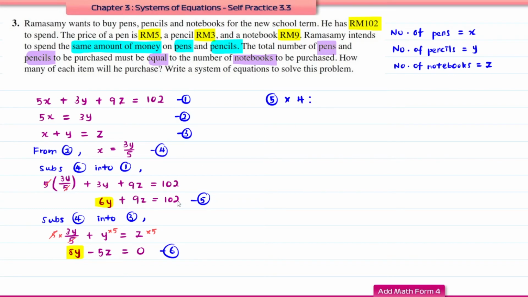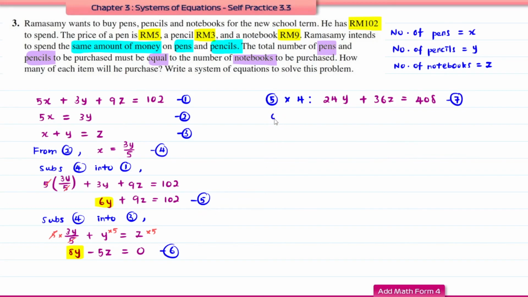Each of the terms in equation number 5, multiply by 4. So you're going to get 24y plus 9 times 4 is 36z equal to 102 times 4 is 408. This one I'm going to label as equation number 7.